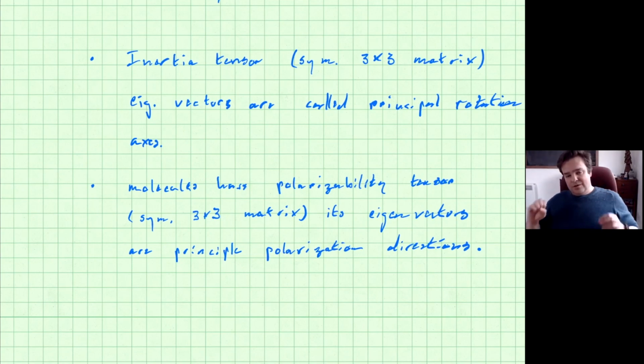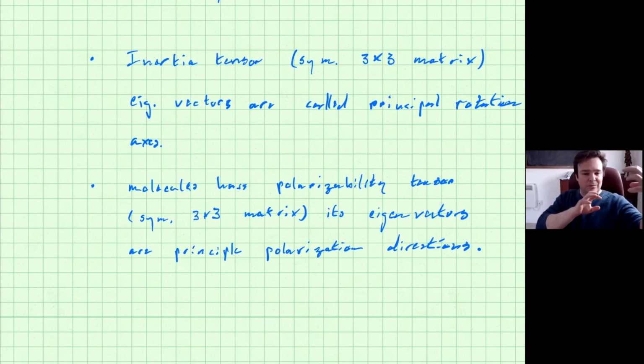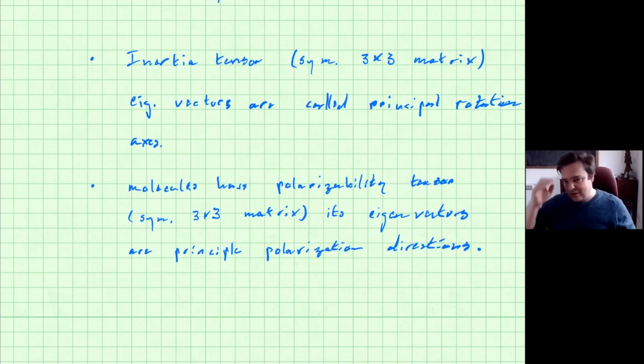They tell you that if you try to electrically polarize a molecule, which means put all of its plus charges on one side and all of its negative charges more towards the other side, this calculation, the polarizability tensor and its eigenvectors, tell you the directions along which it's easiest and most difficult to do that. And that's useful for biologists and chemists and I guess sometimes physicists.